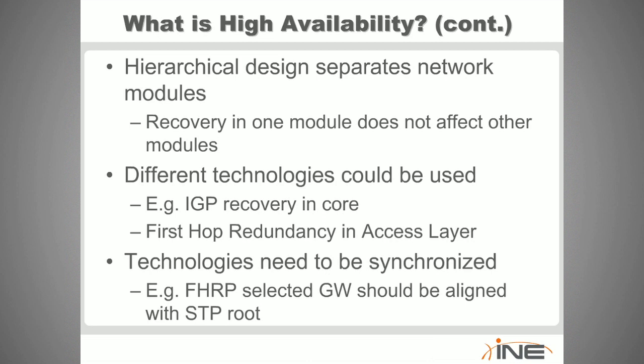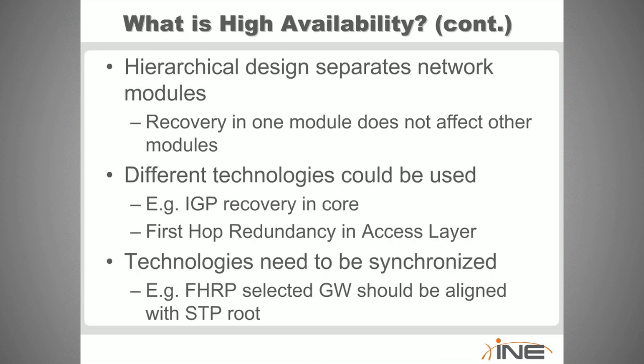So doing things like sub-second hellos in OSPF, or doing things like the backup path design to make sure that we have feasible successors in EIGRP, so that we don't need to reconverge every time there's a topology change.